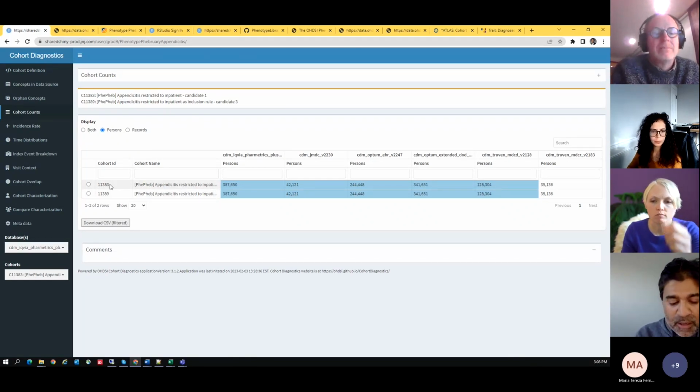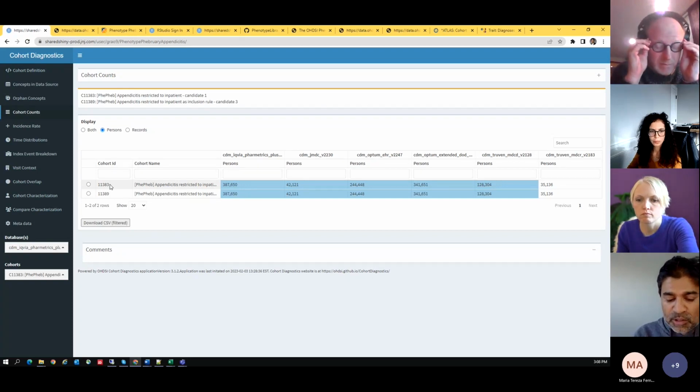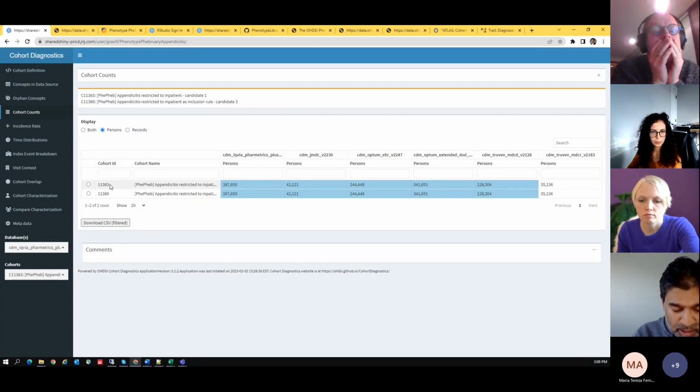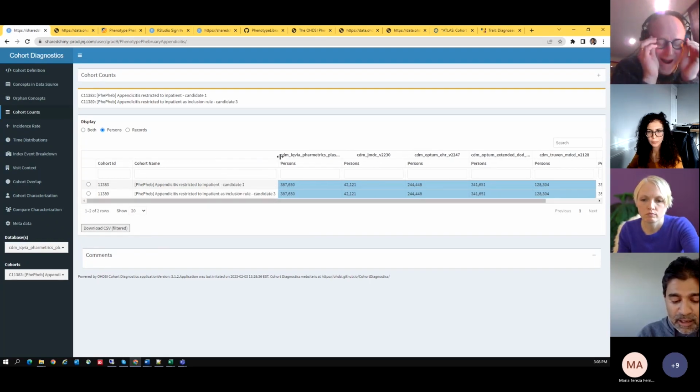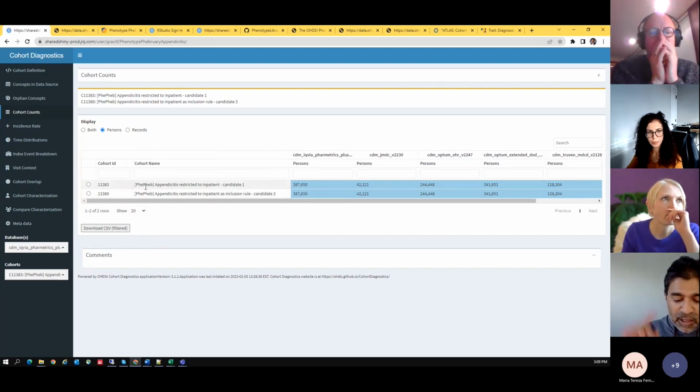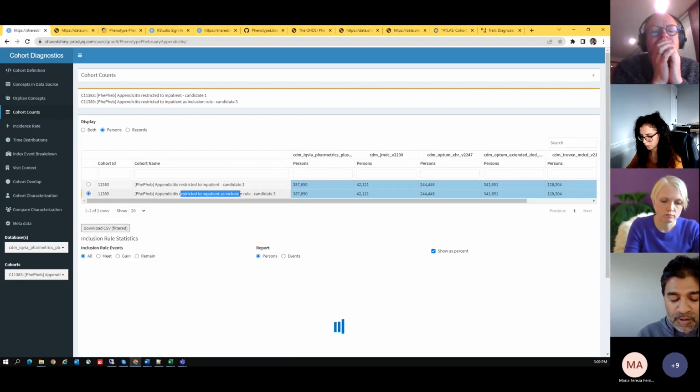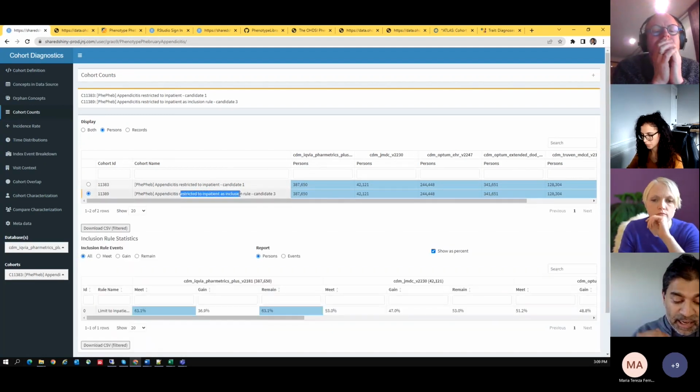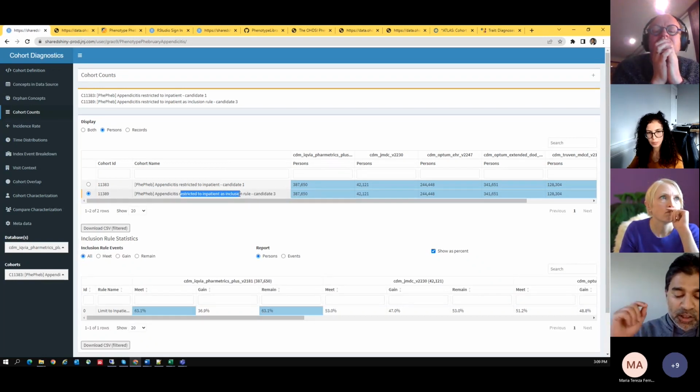You don't have access to it, but I used it as part of the development process. Here there are two definitions. One is identical to the definition that Azza is reviewing, and the other I created in such a way that I can identify how many people were lost because of the restriction to the inpatient setting.